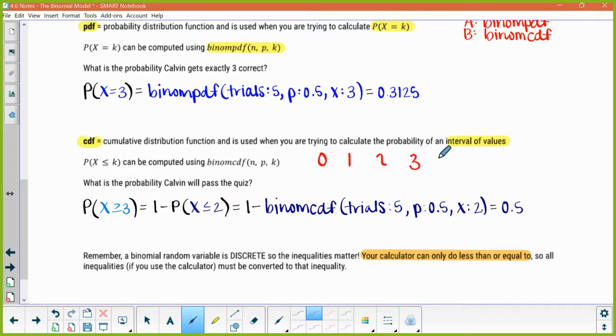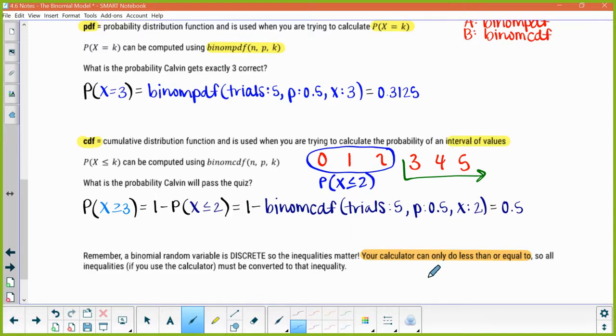So we know that there were 0, 1, 2, 3, 4, 5. So I wanted 3 or greater, which meant the only thing I could do was find the probability of x is less than or equal to 2 and subtract it from 1.